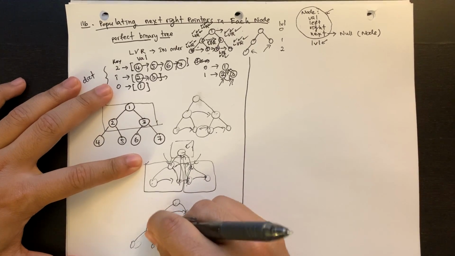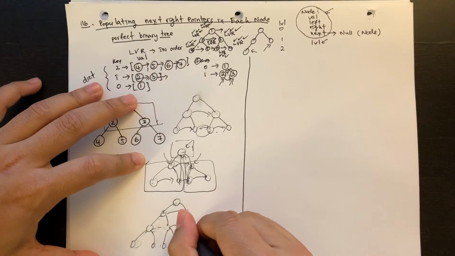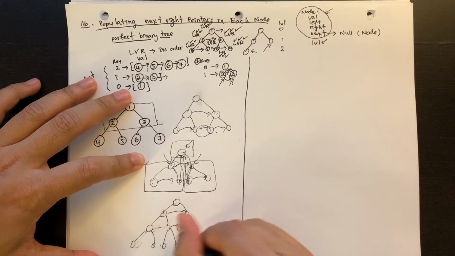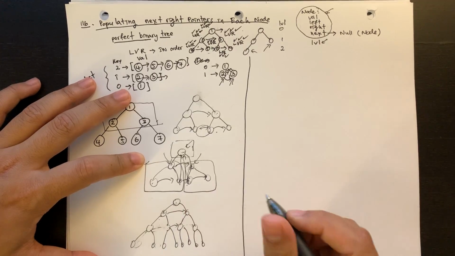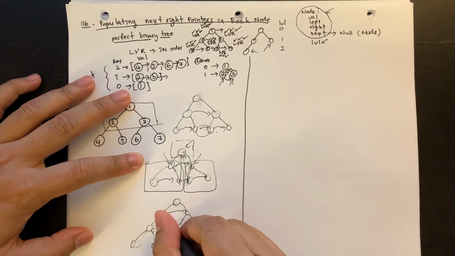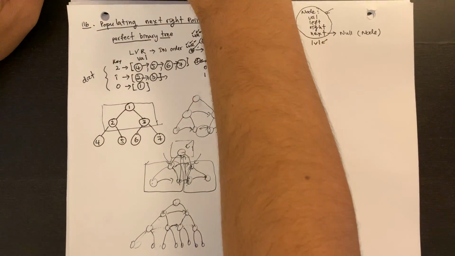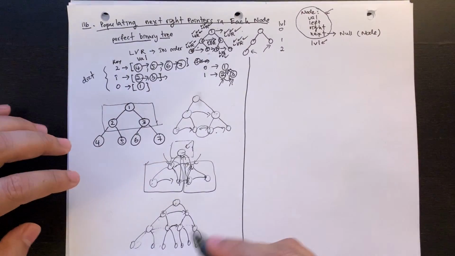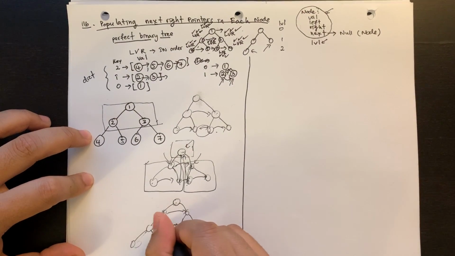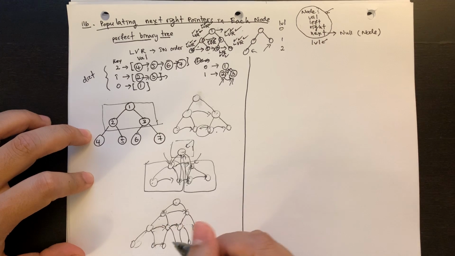Let me erase this. So this node has a responsibility to connect this, and this node also has a responsibility to connect this.